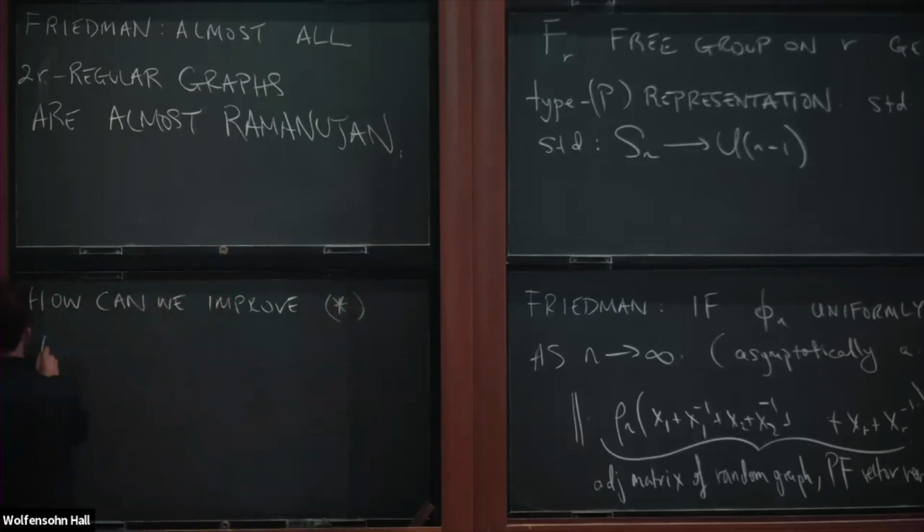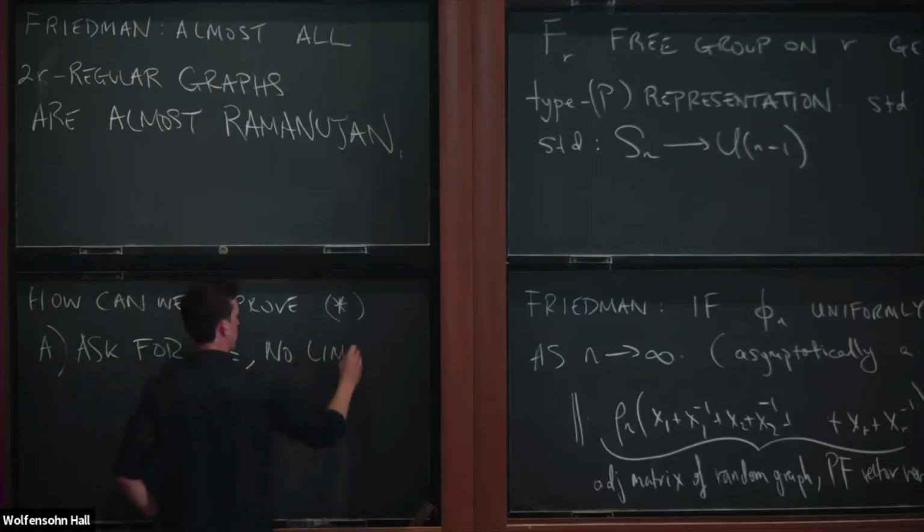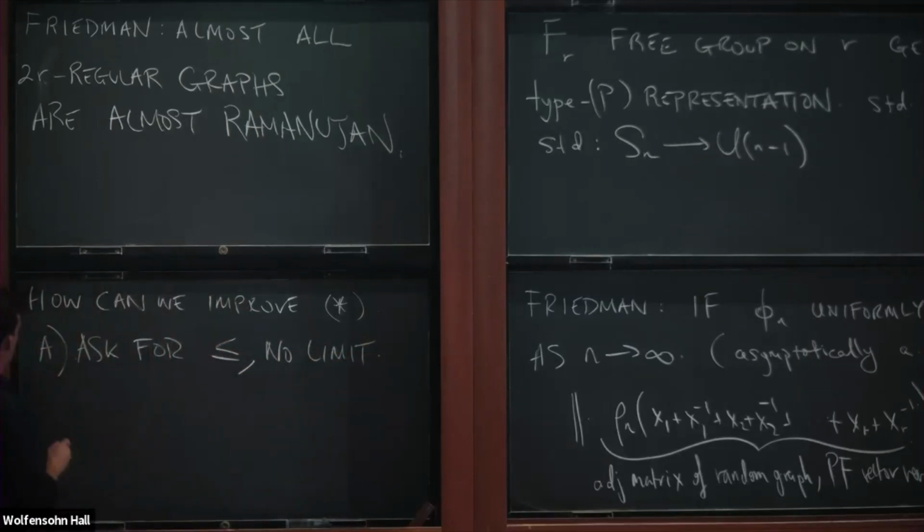So the first one is the way that Dan talked about, which is to ask for an inequality, less than or equal to, with no limit. I should make a remark that this tells us that the upper bound is the hard part.